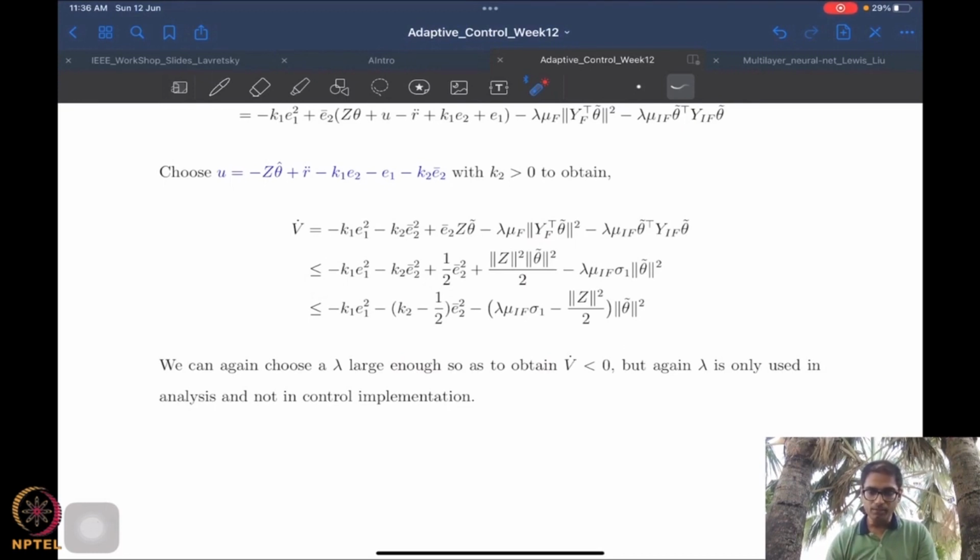So if I now look at what's left with me, I know that this term gets combined with this guy to give me that, and this term gets combined with this guy to give me that. Okay. Now, as usual, there is this question of choosing lambda. So remember that mu_if and mu_f and all these things are usually fixed beforehand. At this stage, I'm only left with the ability to choose lambda.